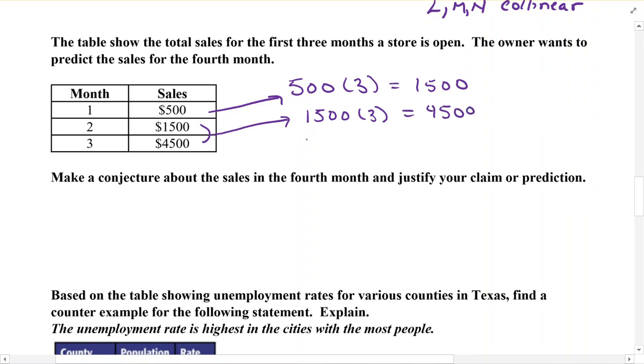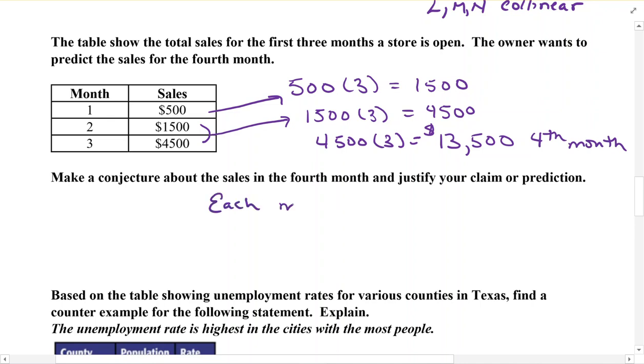So my conjecture is, if we take the 3rd month sale, which is 4,500, and multiply it by 3, it'll give us the 4th month sale of 13,500. So my conjecture was that each month's sales were 3 times the previous month.